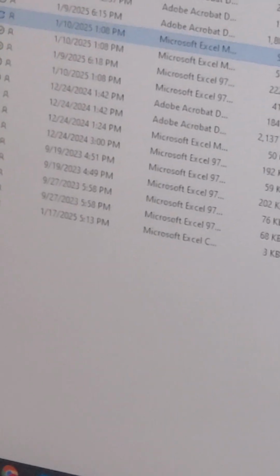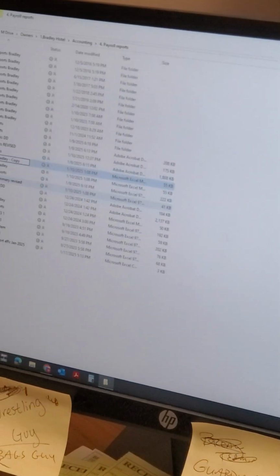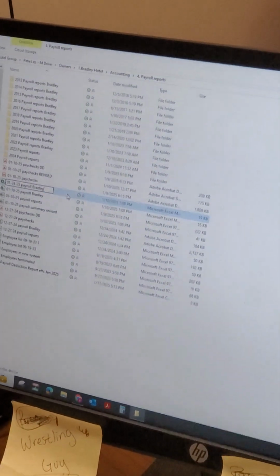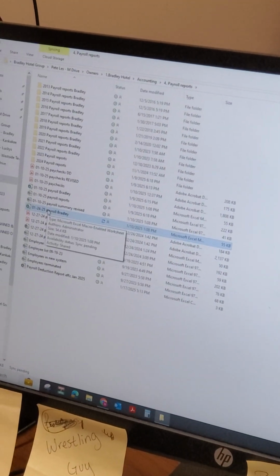and paste. Okay. So this week's pay date is the 24th. So we're going to change that. So now the file is named for January 24th, 2025, payroll Bradley.